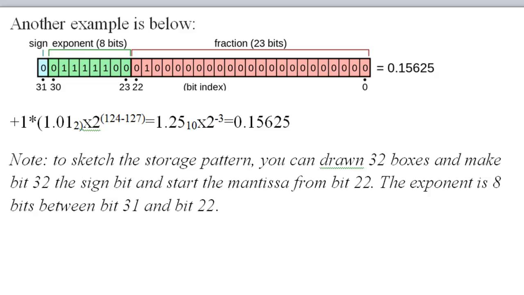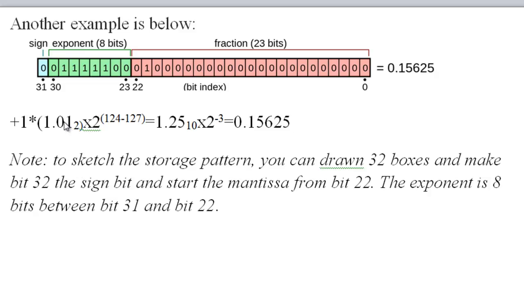We say that we've got a sign bit of 0, so it's plus 1 times everything, not minus 1, and we have this number here, which is the exponent and is 124. If we take from that 127, we actually get minus 3. So 2 raised to the power of minus 3 times this number is what value we have.